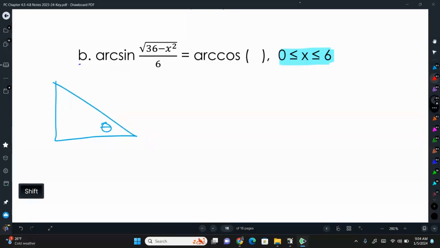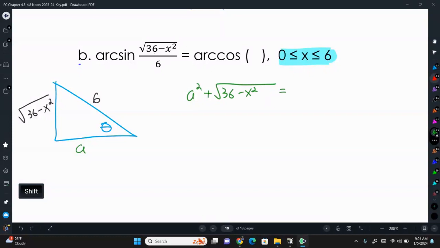Arc sine, so that means that the opposite side is the square root of 36 minus x squared, and our hypotenuse is 6. We need to again find our adjacent side because we're asked about cosine. So a squared plus the square root of 36 minus x squared, squared, equals 6 squared.